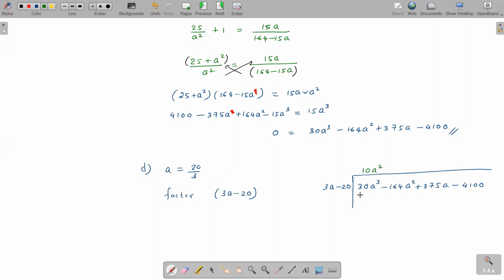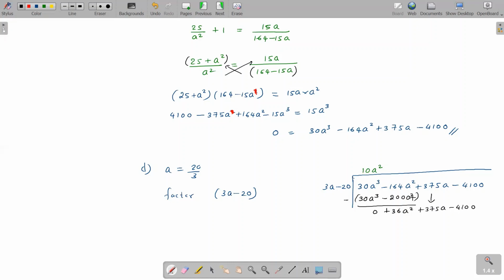Multiply 10A square with 3A. You get 30A cube minus 200A square. When you subtract, minus 164 minus minus 200 is plus 36A square. And then you can take these terms down, plus 375A minus 4,100.